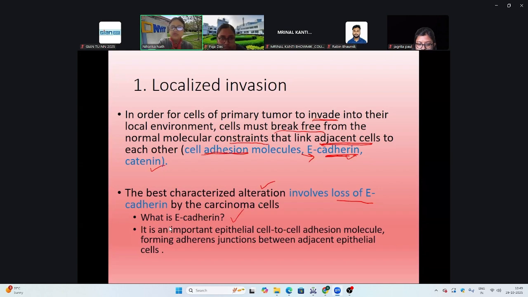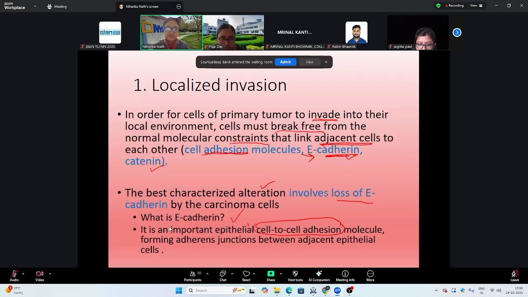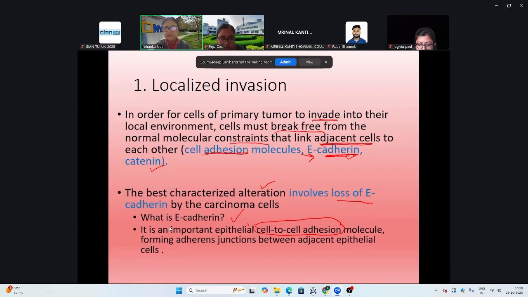So again, what is E-cadherin? Just to give you that background, it is important for epithelial cell to cell adhesion. Cells have to stick together. They need brotherly and sisterly love, like I always say. And so they form these junctions. They adhere. The word is adherence junctions, next to the individual cells. And so that is your E-cadherin.